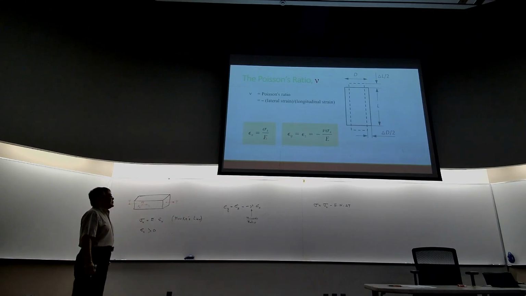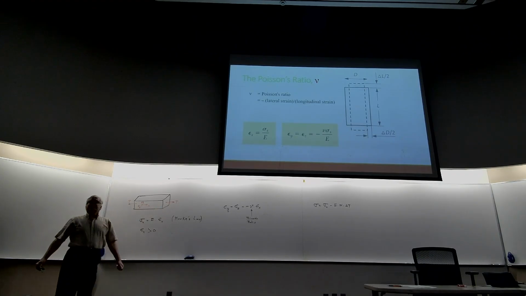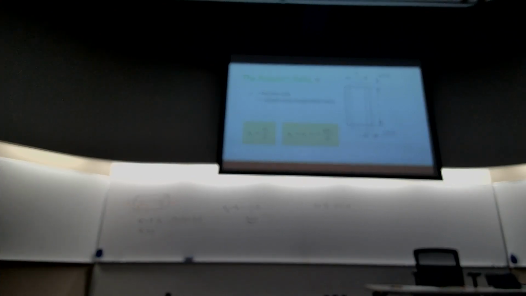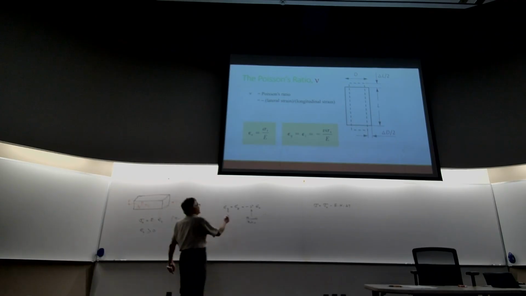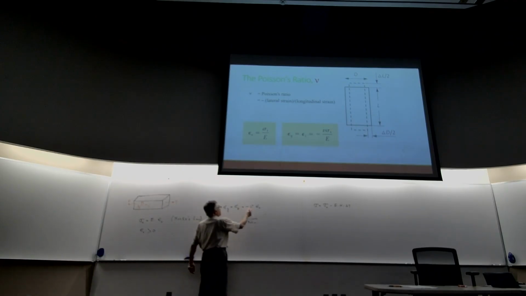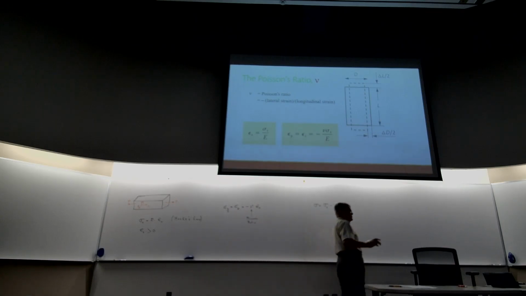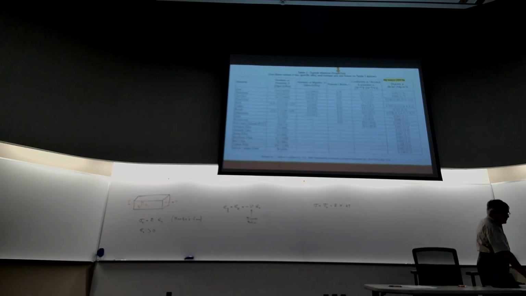What it says simply is that if this material elongates horizontally, the cross-section shrinks in both y and z directions, so the epsilon will be negative, that's why we have a minus sign here, and nu is a number which does not have any units, and it's 0.30 for steel.